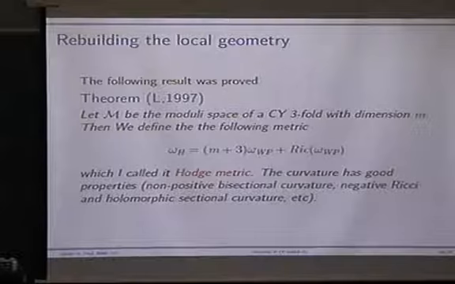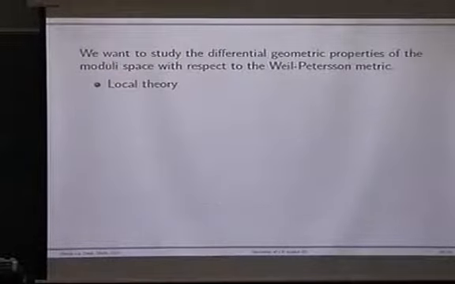Okay, so it's good, but it's still not perfect in the sense that if we have a Kähler manifold with non-negative bisectional curvature, we can say a lot about the Kähler manifold. If we have a Kähler manifold that has non-positive bisectional curvature, actually there are a lot of such manifolds. So that's the less than perfect thing. But anyway, this Hodge metric is to replace the original Weil-Petersson metric because it has a little bit better curvature property.